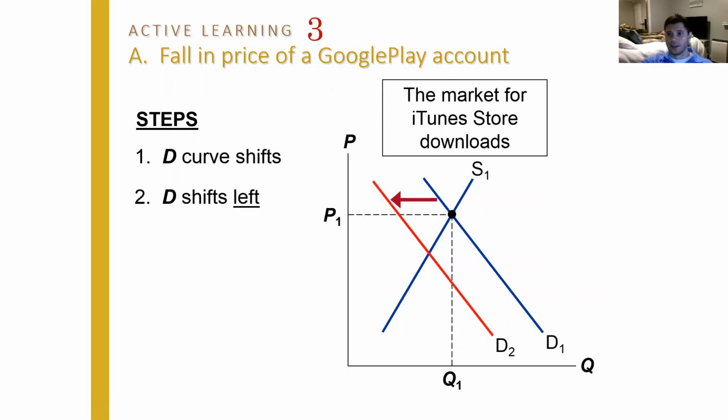So we have a leftward change in demand. Okay, and note that both price and quantity fall. Okay, we had a change in demand that caused a change in the quantity both demanded and supplied.